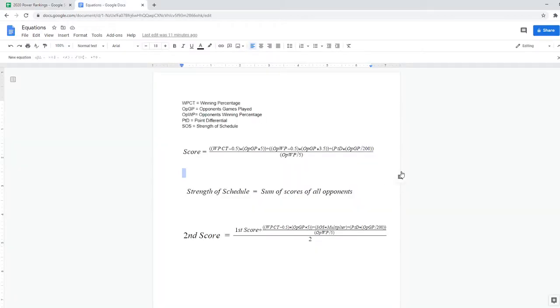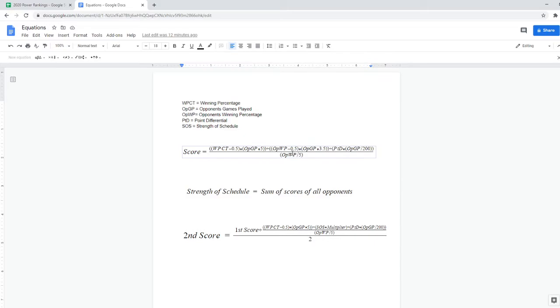Now, the reason why we then take the opponent's games played divided by 200 is because point differential, unlike the other two metrics here, starts as a whole number, and you want to make it so that it's the least important, but still have a factor on the score. So that's why this is the case.